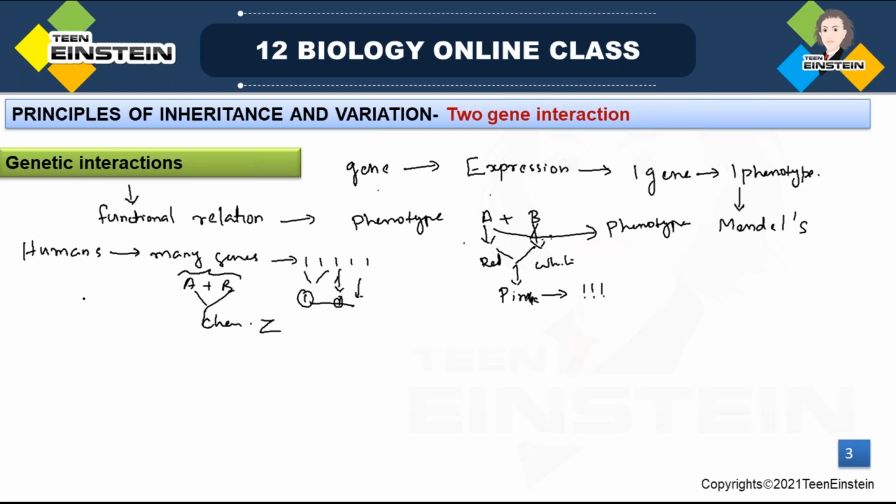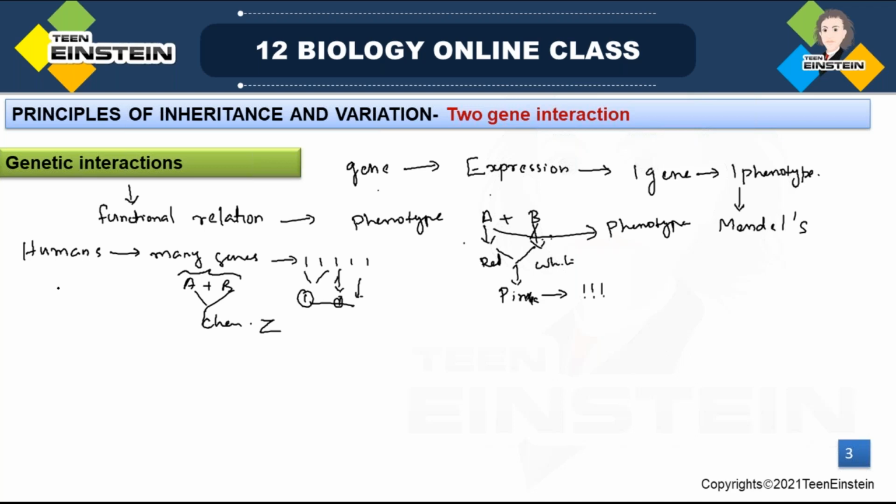Skin color, eye color, hair color, all these are not a single gene effect. All these are controlled by several genes. It's a group work, a combined effect of many genes. So a single gene is not giving a particular result.